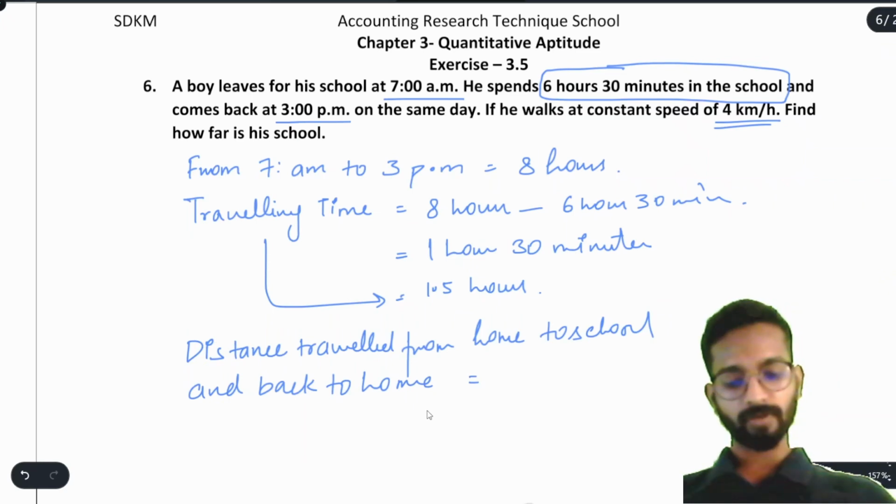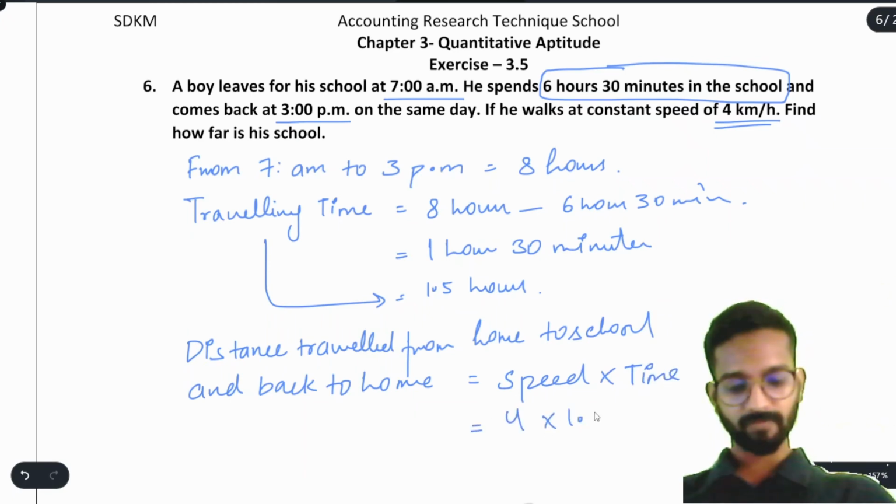How will you calculate the distance? Speed into time. What was the speed? 4. Time is 1.5. So your total distance traveled is 6 km.